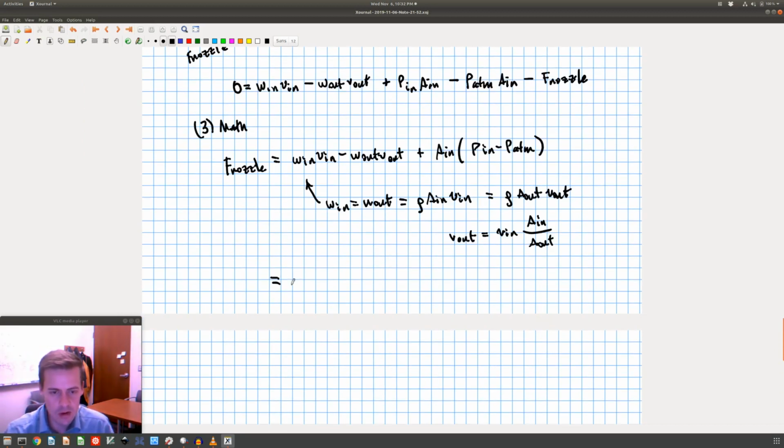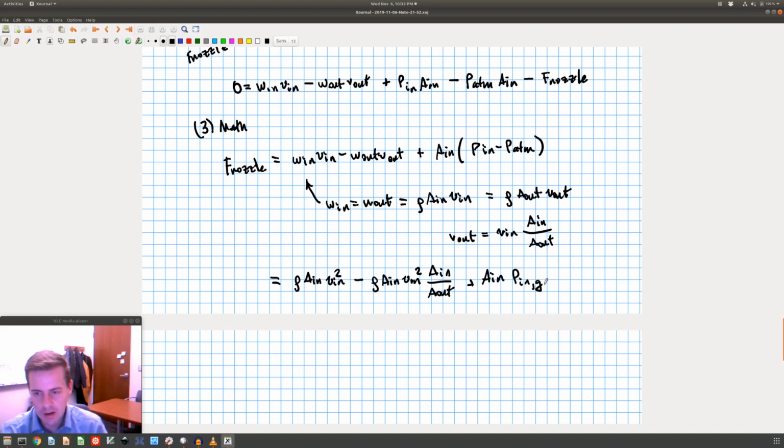Substituting that all in, I get rho A in V in times another V in, so that'll be V in squared, minus W out, which is rho A in V in, and then V out is equal to V in, so I have V in squared there, multiplied by A in divided by A out. Then I need to add that other piece in, plus A in times P in minus P atmosphere, which I'm going to rewrite as P in gauge.